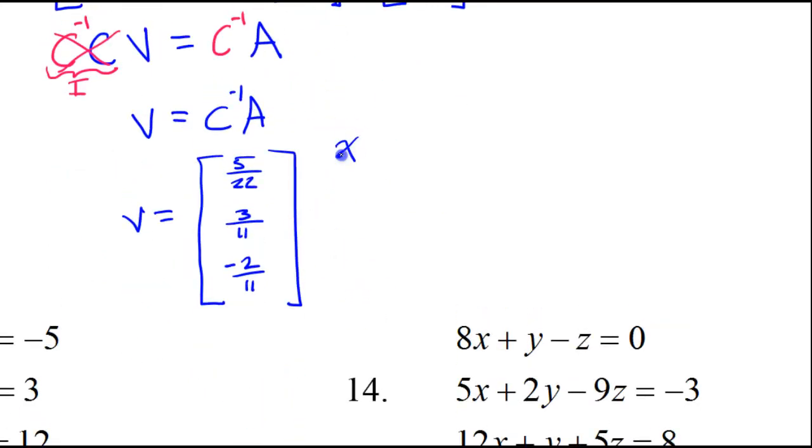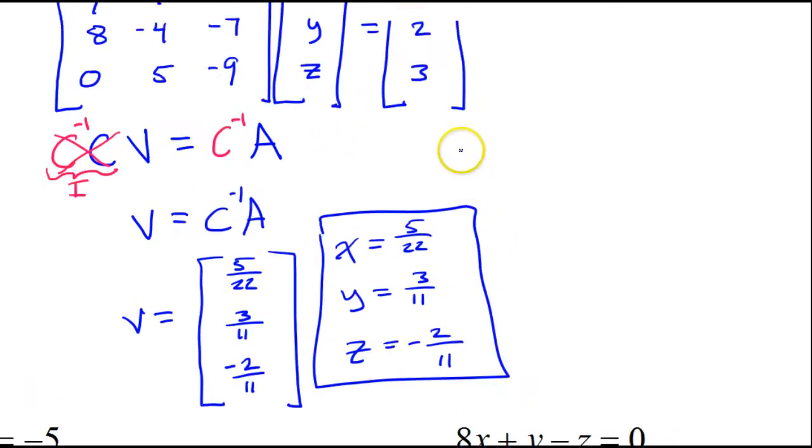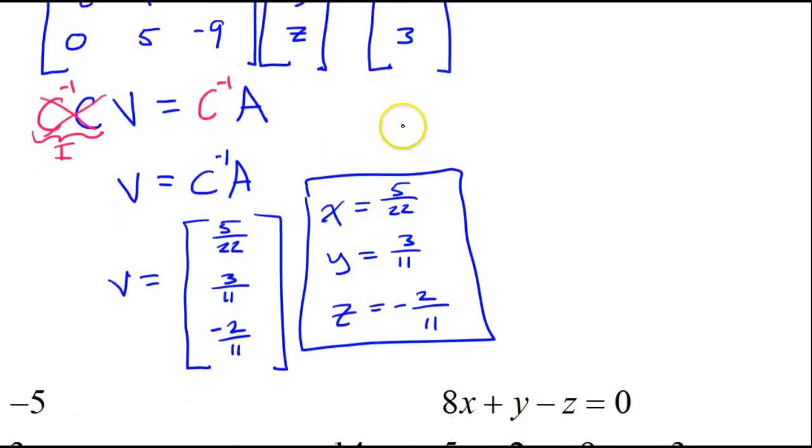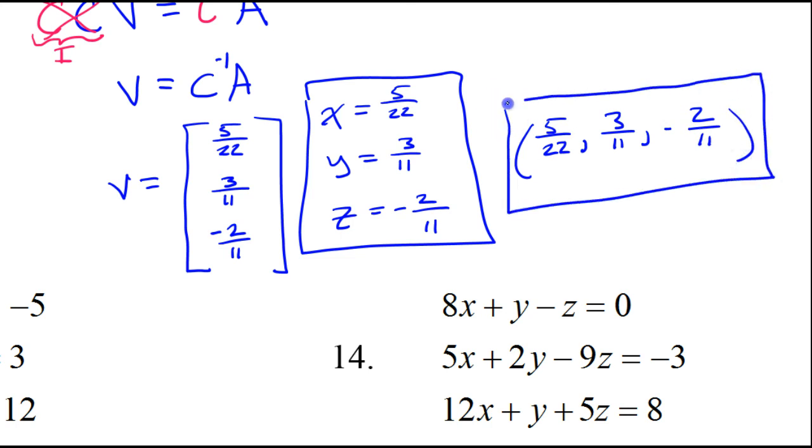So that tells us that x is equal to 5 over 22. Y is equal to 3 over 11. And z is equal to negative 2 elevenths. Okay, and you may sometimes see this written as an ordered triple. 5 over 22, comma, 3 over 11, comma, negative 2 over 11. All right, these mean the same thing.